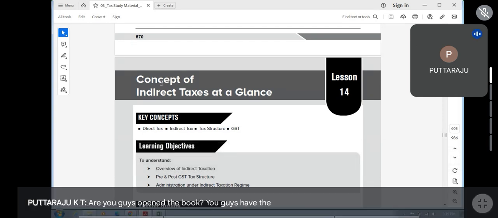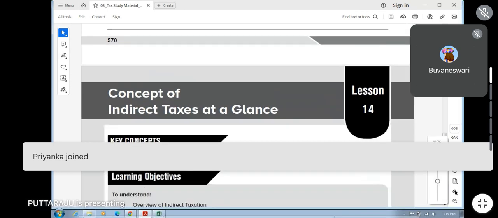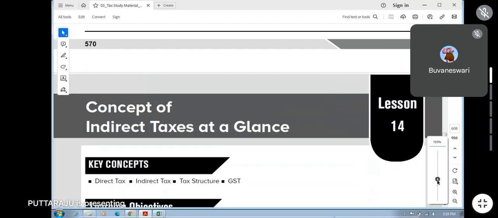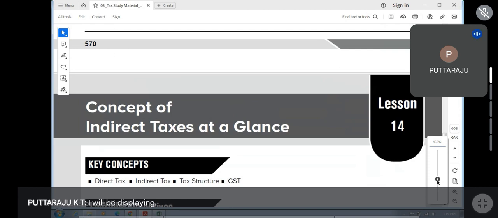You guys have the hard copies, right? Yes, sir. I will be displaying, as well as I request you guys to have the hard copy as well, because it writes a few things.